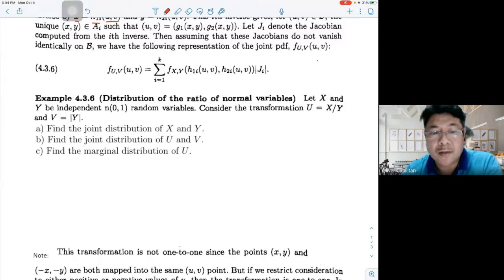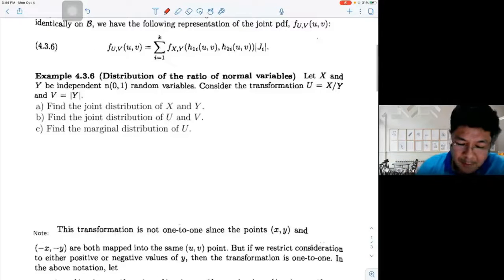We call it standard because it does not depend on any parameters, since we fix the mean to be 0 and the variance to be 1. Then consider the transformation u equal to x over y, and v equal to the absolute value of y. Letter A, find the joint distribution of x and y. B, find the joint distribution of u and v. Then find the marginal distribution of u.